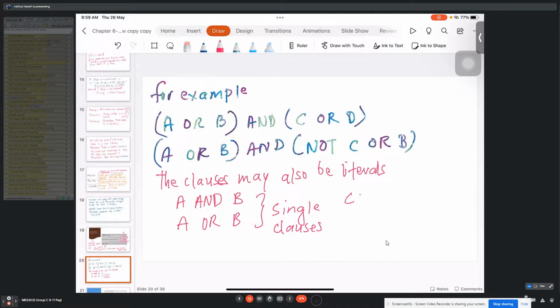CNF is useful for automated theorem proving.